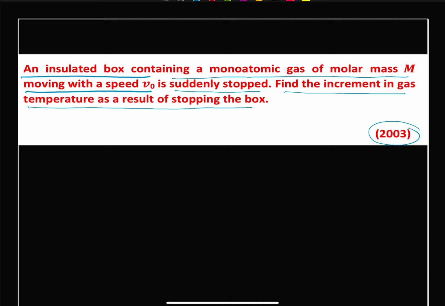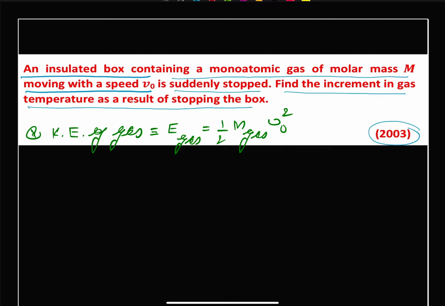So first of all, let's find out the kinetic energy of the gas. Kinetic energy of gas, let us call this as E of gas, will be equal to our half mass of the gas, and its velocity is V0, so this comes as half m V0 whole square.